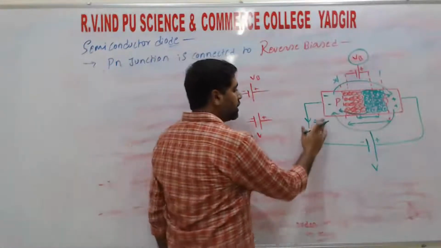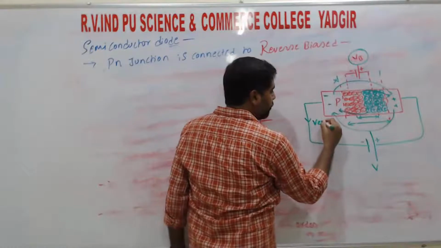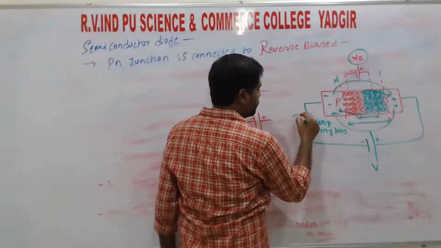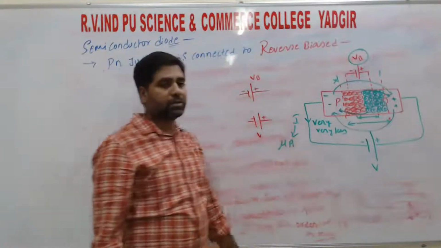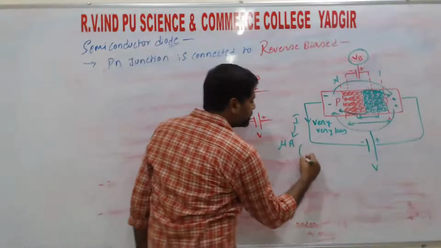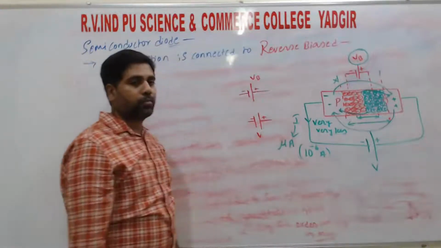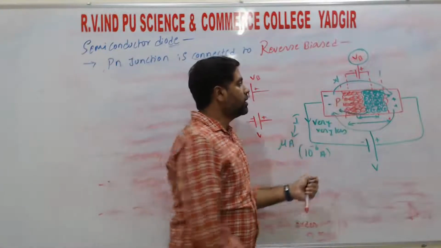So that means the current flowing in the reverse biased circuit is very less, right? It is of the order of microamperes, that means its order is 10 to the power of minus 6 amperes, right? Only a few charge carriers get diffused.